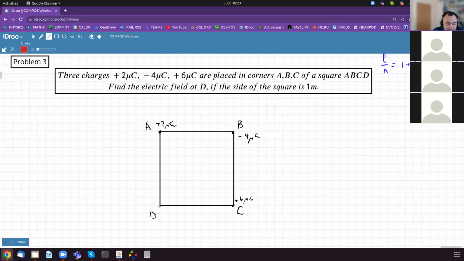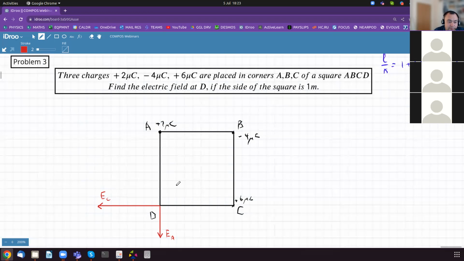So EA would be a downwards electric field. Let's call it EA. Now there will be a leftwards electric field, slightly bigger, well, actually exactly 3 times bigger because the distance is the same. So that's EC.